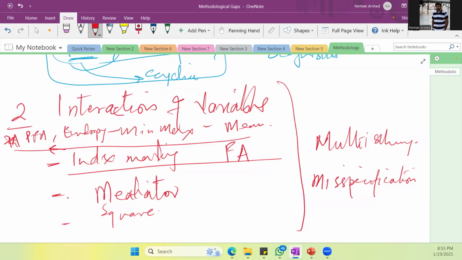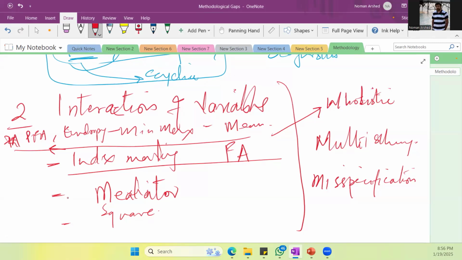So if you make an index, how will you tell it as a gap? You will say that, let's say somebody has used one variable for some phenomenon, you have used 10 variables, but you transform them into an index. So you use 10 variables to measure something, but the other paper has used one. So you will say your idea is holistic, meaning you have more dimensions.